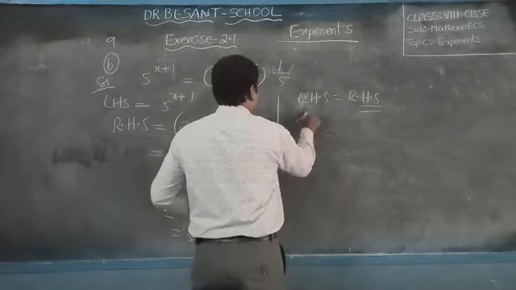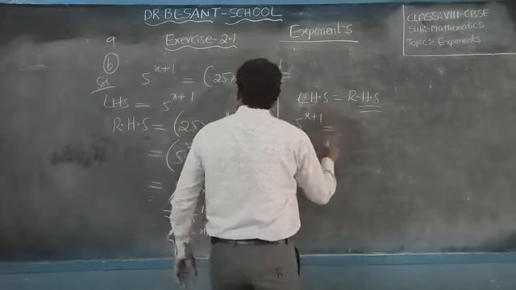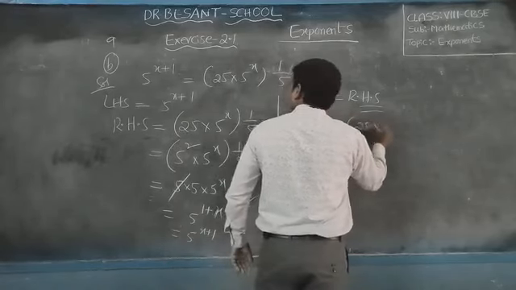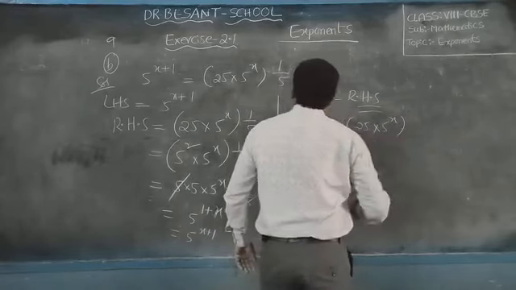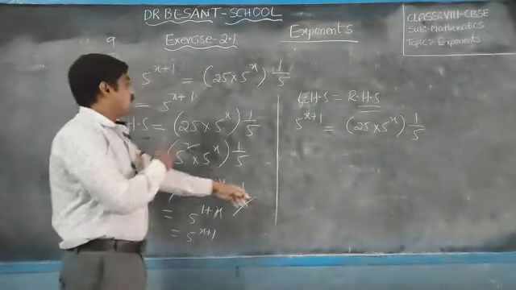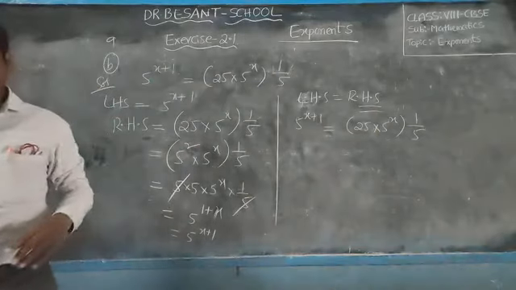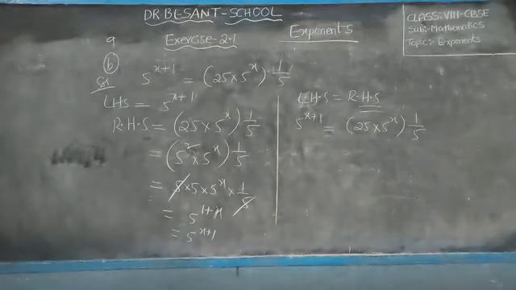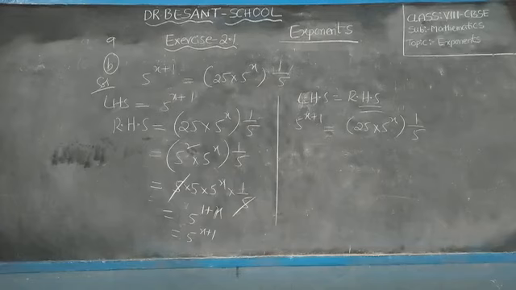So 5 power x plus 1 is equal to 25 into 5 power x into 1 by 5. Okay, in this way we have to solve. Next, last question.